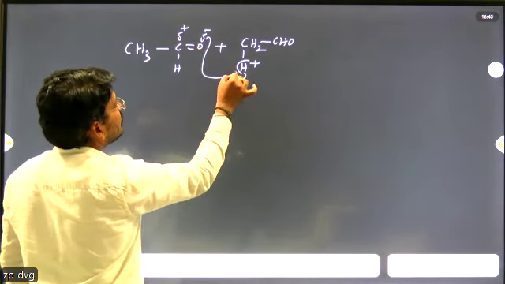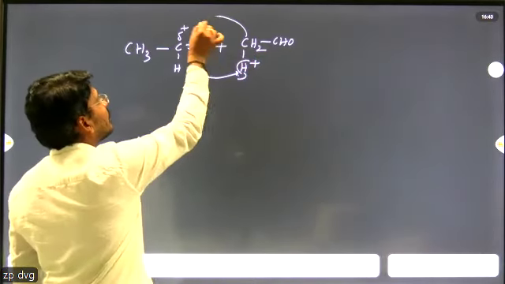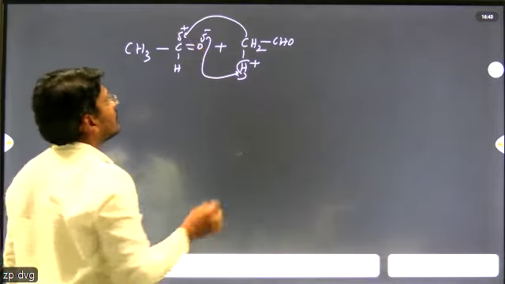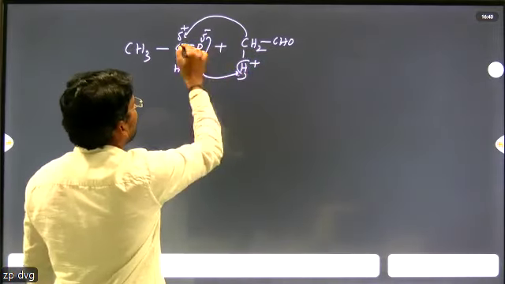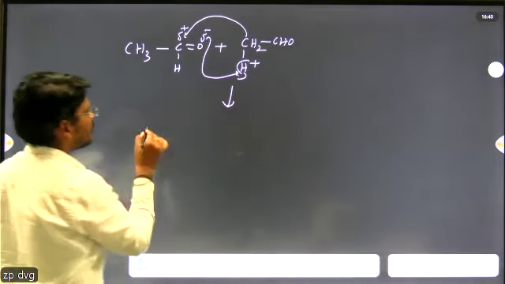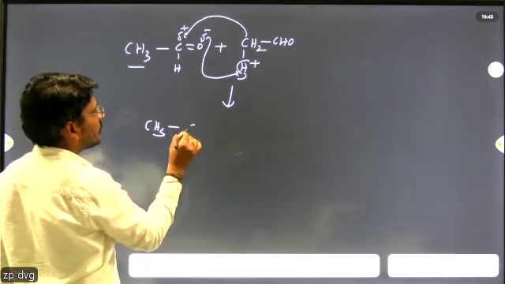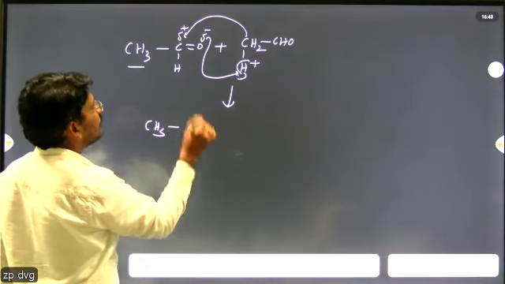Oxygen directly attacks H plus, and this carbon attacks another carbon atom that carries a positive charge. So now CH3, another C, here hydrogen.